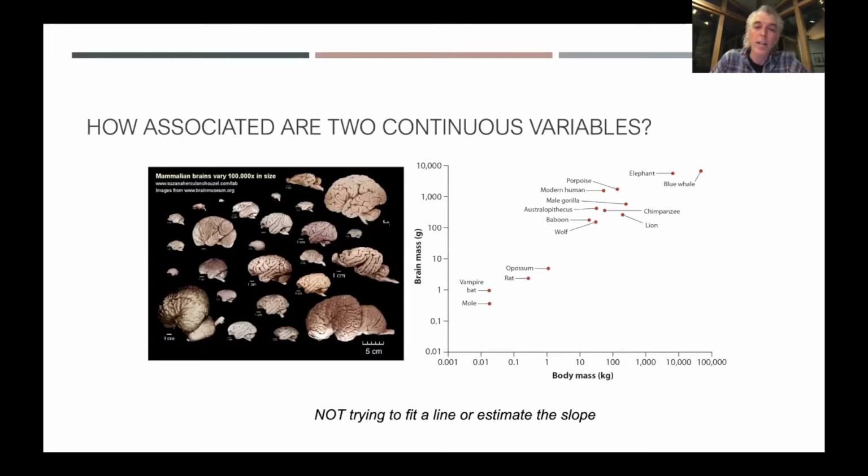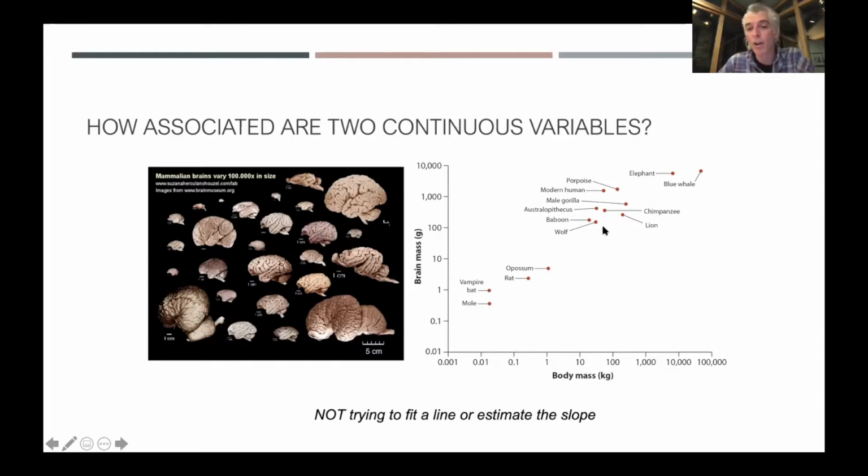So in a correlation, we're interested in assessing how two variables are associated with one another. So for example, is there an association between body mass and brain mass across these different mammal species? So in this plot, we've plotted the brain mass against body mass for each of these different mammal species.